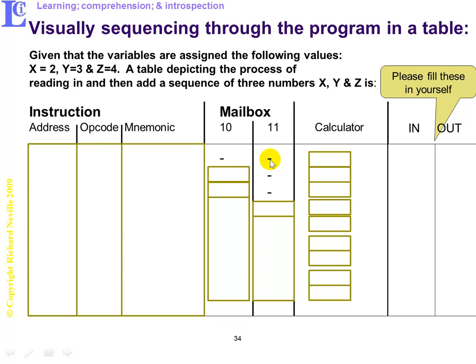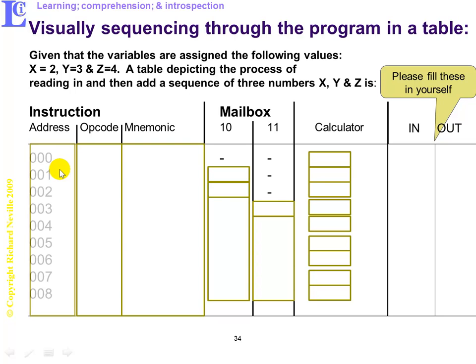So let's go through these columns sequentially, and explain how you run a program and simulate it by hand on a piece of paper. First, the mailbox addresses are sequential. This program is going to take up maybe 8 or 9 addresses, from 000 to 008. So that's the addresses of the mailbox in column 1. Then we move to column 2.